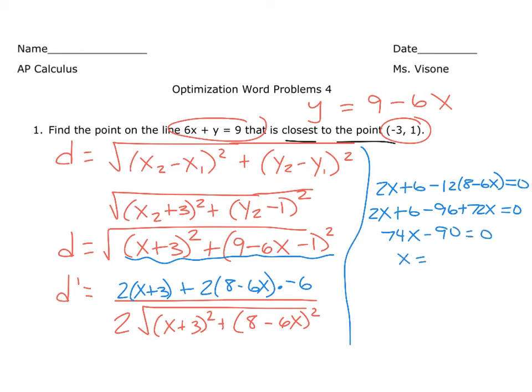So I got x is 45 over 37. So that's my x value. And then I'm going to replace that in y: 9 minus 6 times 45 over 37, and I got 63 over 37.